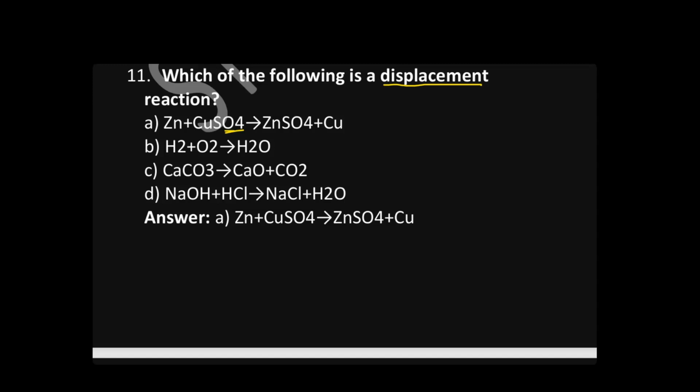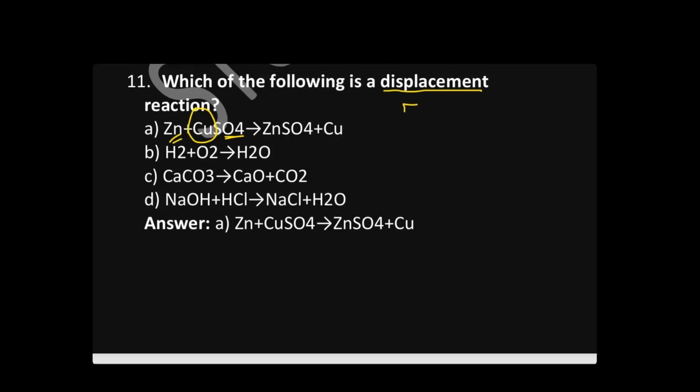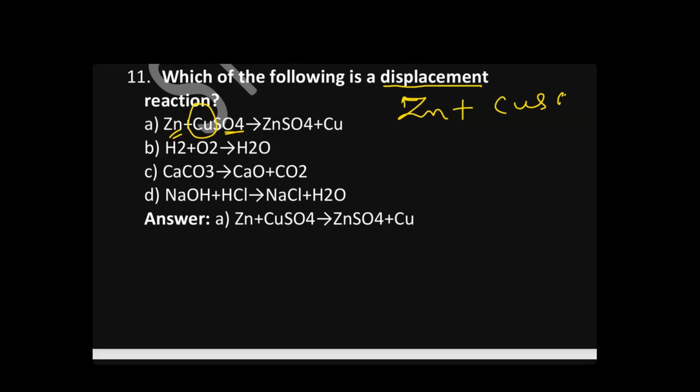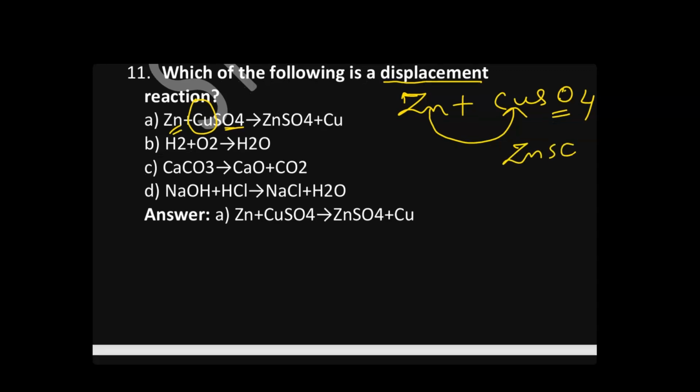Copper is replaced by zinc. Zn plus CuSO4, right? So zinc replaces copper and makes a bond with SO4, and copper metal is displaced. So this is a displacement reaction. A is the right answer. Now move on to the next question.